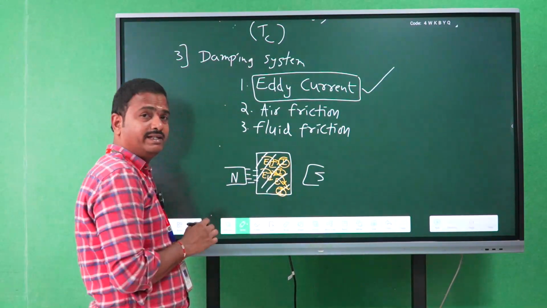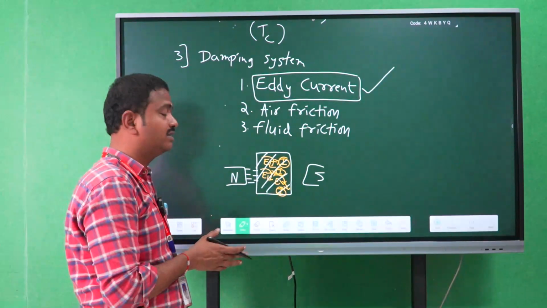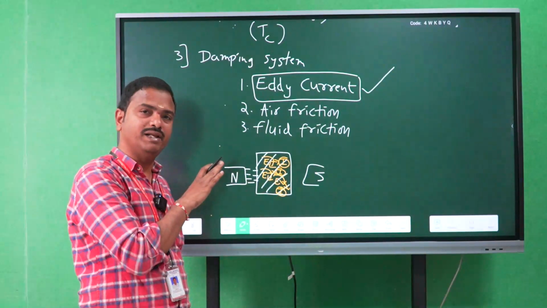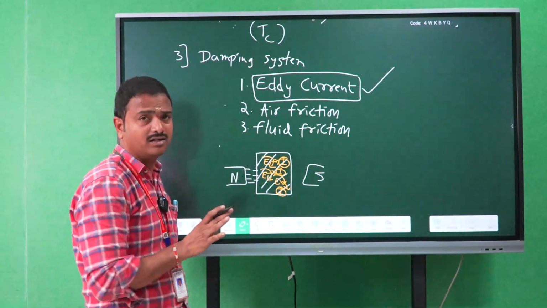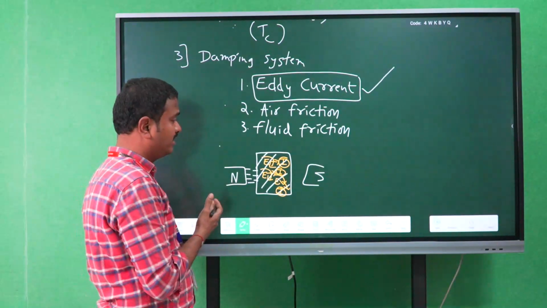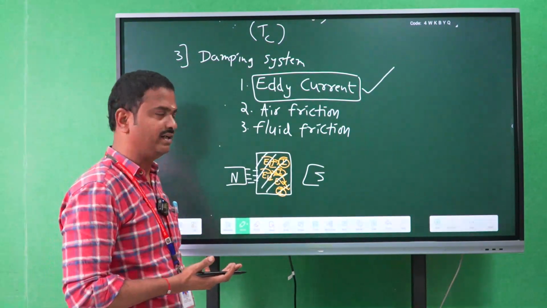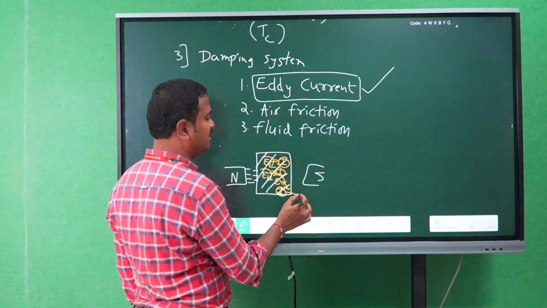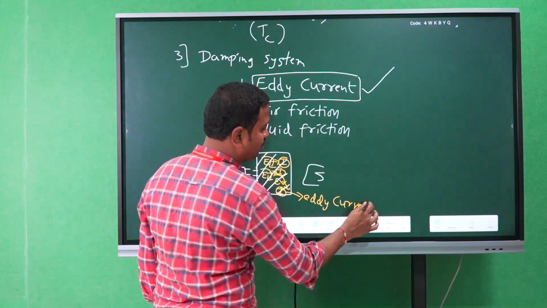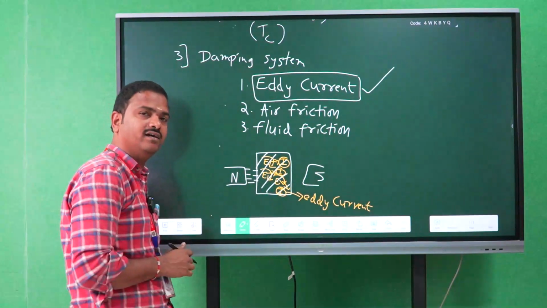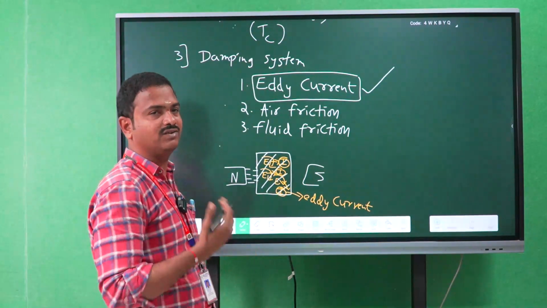That means the currents produced on the material, on the aluminum plate, aluminum former, are called eddy currents. Those are not working currents. Clear? So the electrons flowing on the plate, on the material, are called eddy currents, not actual current.